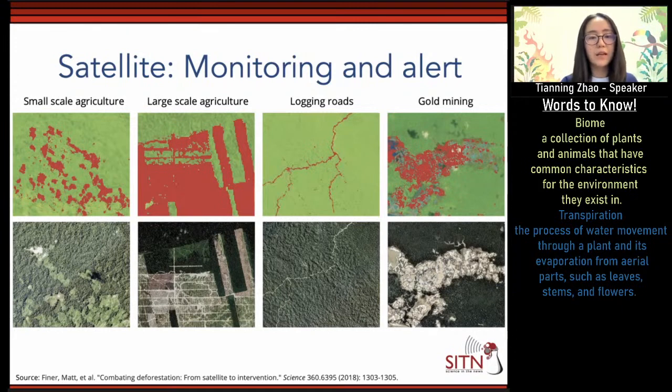And if you see some fine lines that go along the way, that is typically logging roads where people are simply cutting the trees along the way. And gold mining usually spans across the water system, so it impacts a massive area, but it's slightly different from small-scale agriculture.